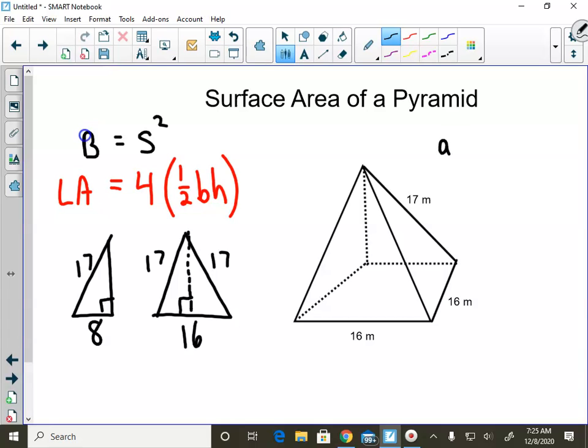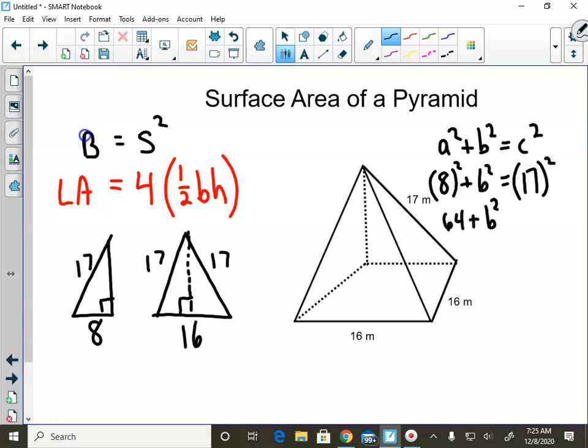So we're going to have a squared plus b squared equals c squared. And in this case, we're going to be looking for one of the legs. We'll look for b. So a is going to be 8, b squared, and c is going to be 17. So 64 plus b squared equals 289. And then subtract 64 from both sides.